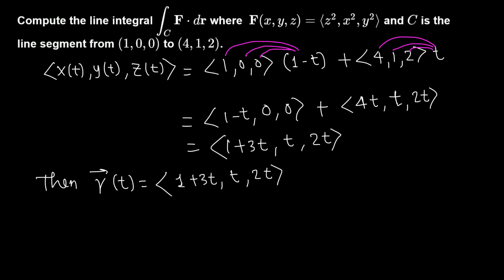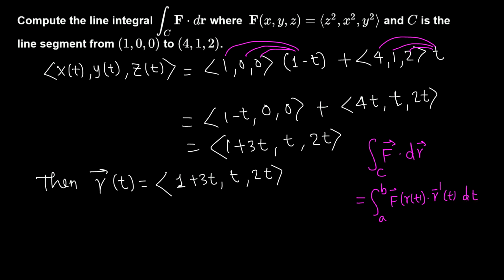Later we need to evaluate this, as we know the integral of F dot dr is the work done by this force in this force field. This is the same as the integral for t from a to b of F of r(t) dot r prime of t dt.